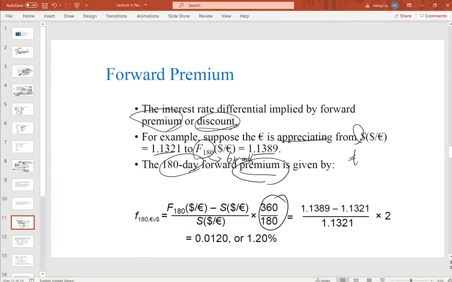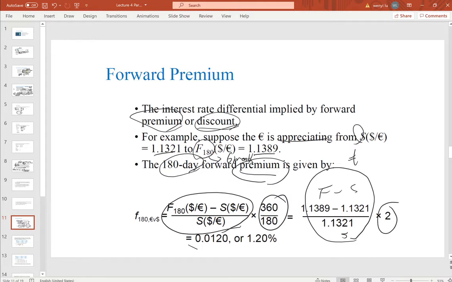That must be done because it is standardized for a premium or discount. Must always what? Annualized. So first we solve the percentage change. That's the forward price minus spot price over spot price, and this percentage change must times 2 to get an annualized premium.